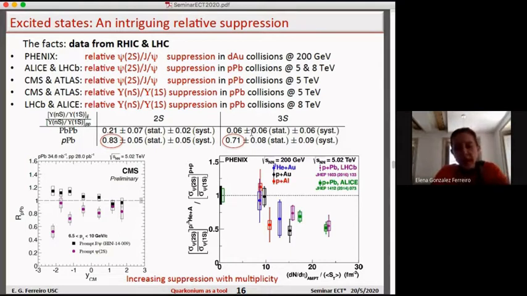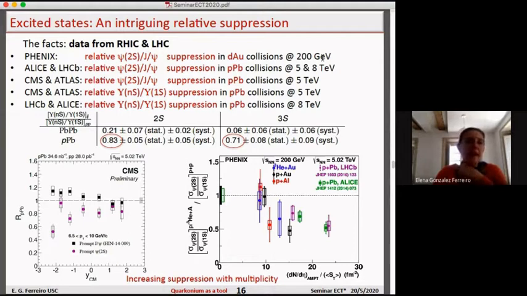The problems arrive if you try to reproduce the excited states in proton-nucleus collisions. I put here the results that were first obtained by PHENIX, so at RHIC energies of 200 GeV.